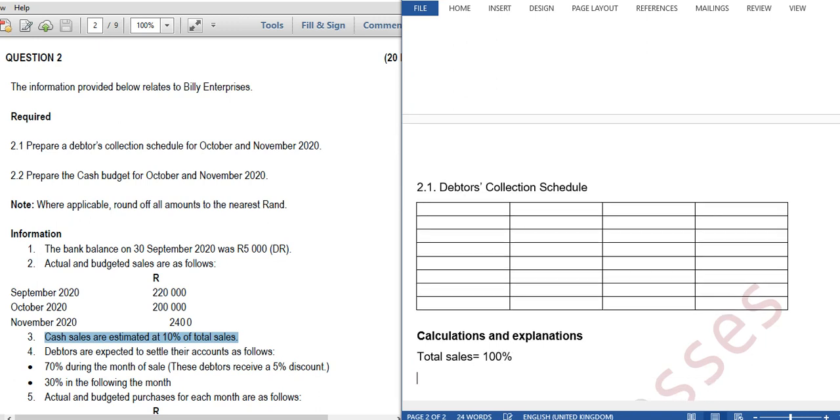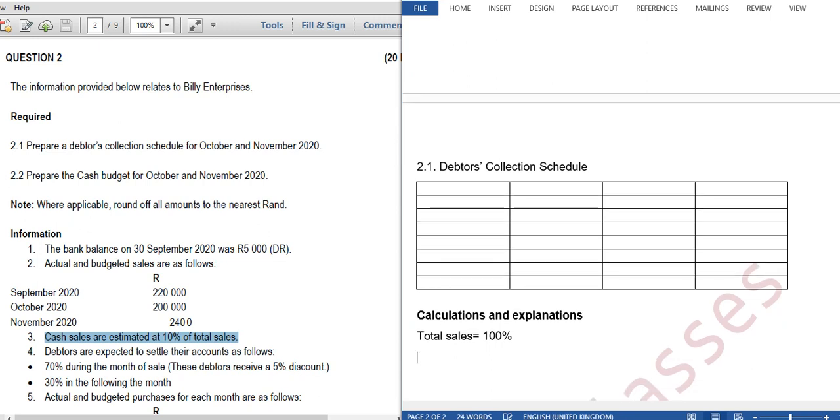Let's say for instance you are writing an exam. If you get everything correct, you get 100%. So if we have total sales, it means we have 100%.